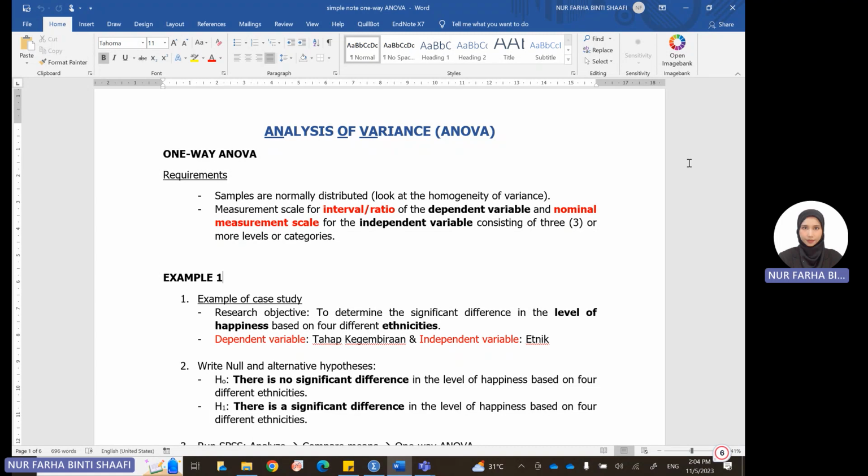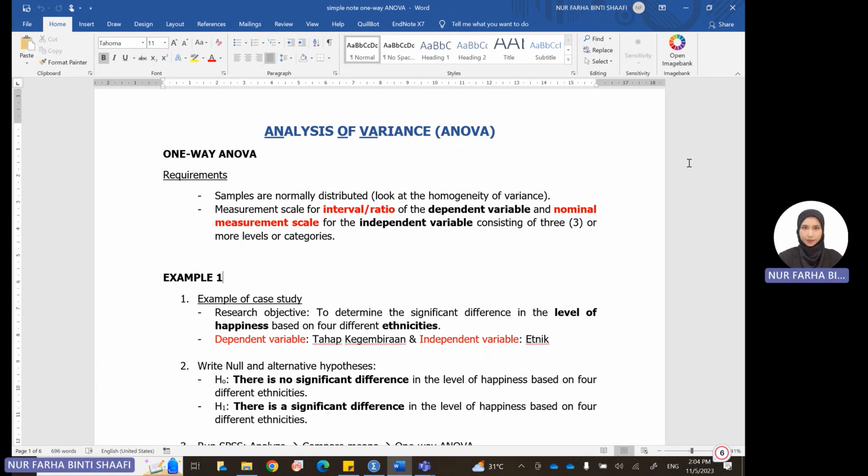Actually there are a lot of ANOVA tests, for example MANOVA, but you do not cover that. We just cover one-way ANOVA and two-way ANOVA. So for today, we will cover one-way ANOVA. This is a simple set of notes for ANOVA that I have written for you.